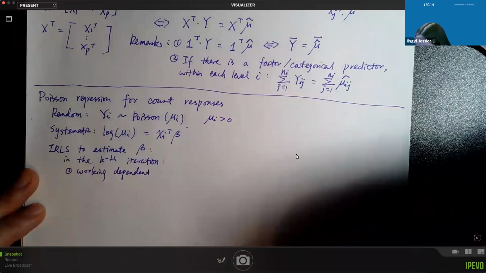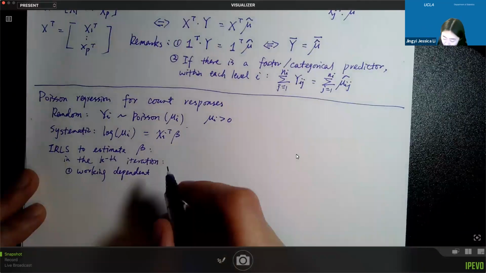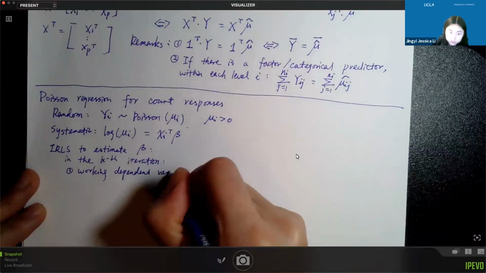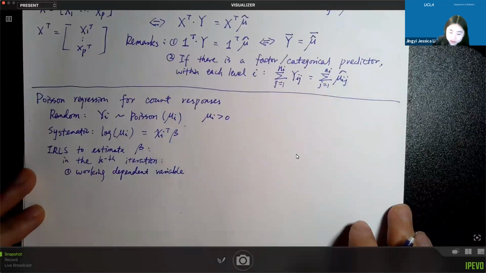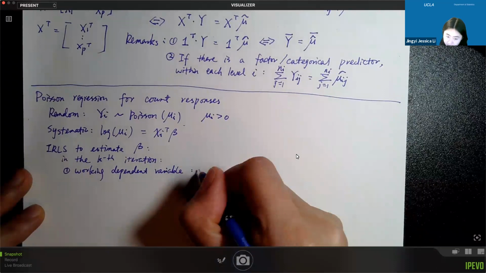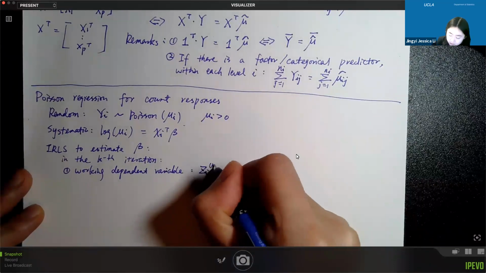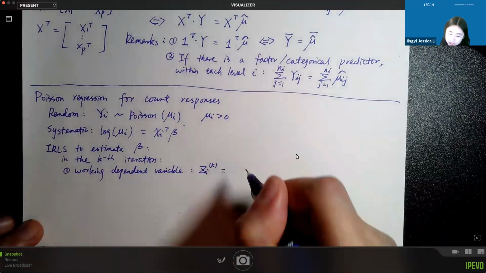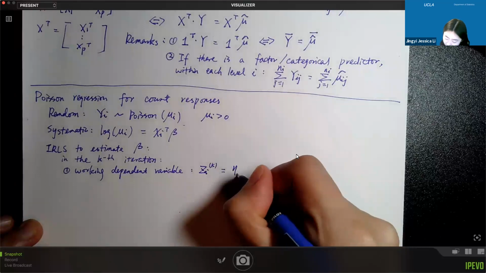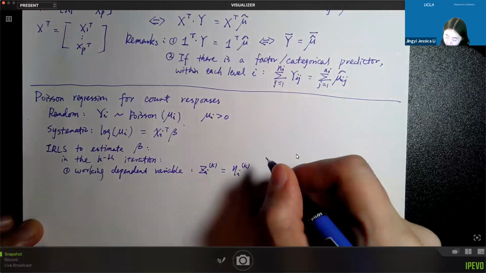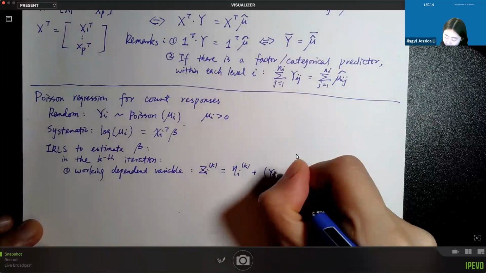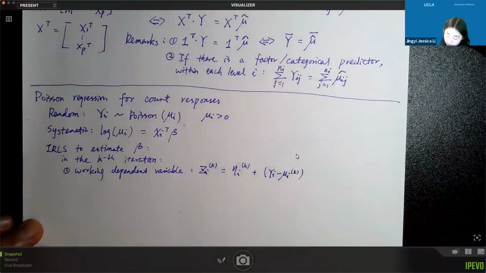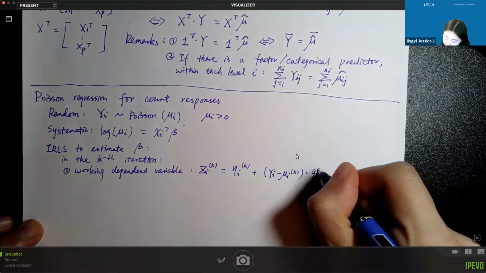This is going to be our actual response in the weighted least squares, and we give it the name z_ik, where k means the iteration and i is the ith observation. If you recall, it is based on the current linear predictor eta_ik and a remainder term, yi minus mu_ik, times g prime of mu_ik.